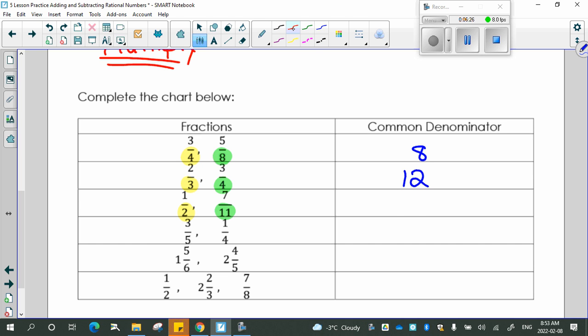So you multiply them together. Awesome. 5 and 4. Common denominator. Oh, 20. Good. 1 and 5, 6, and 2 and 4 fifths.